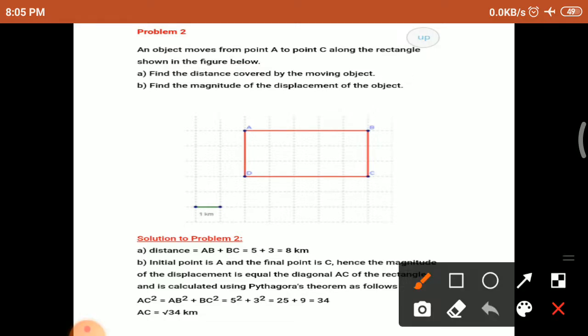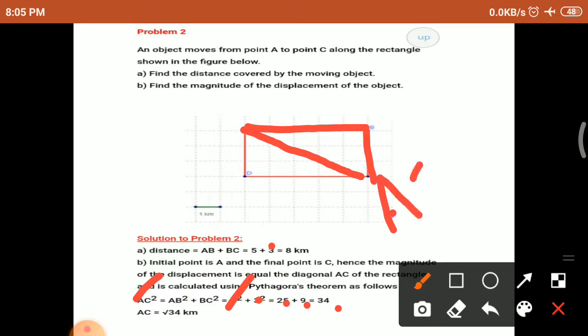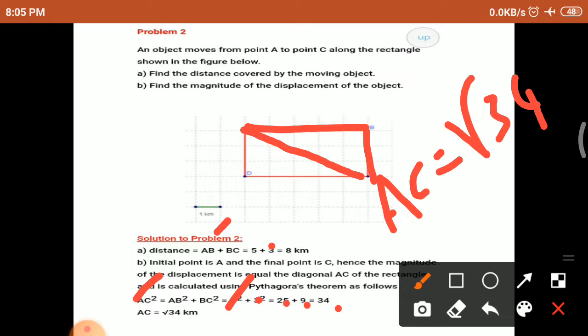AC squared equals AB squared plus BC squared. AB is 5, so 5 squared is 25. BC is 3, so 3 squared is 9. 25 plus 9 equals 34. So AC squared equals 34, AC equals root 34 kilometer. So this is the displacement in this numerical problem.